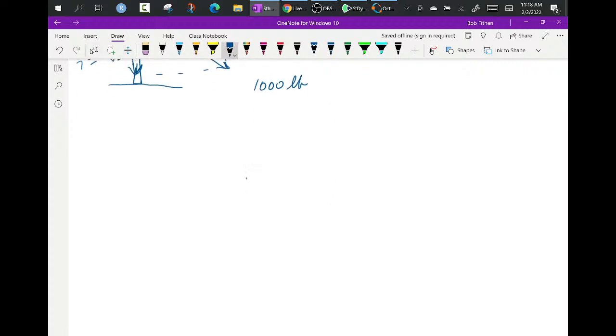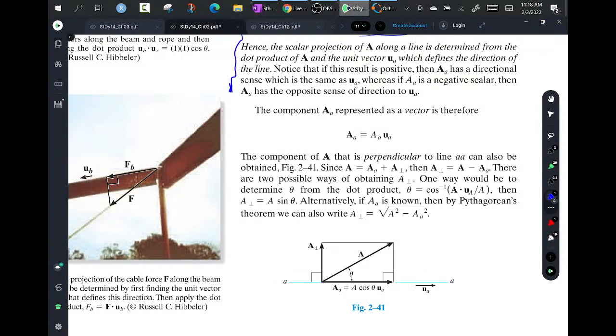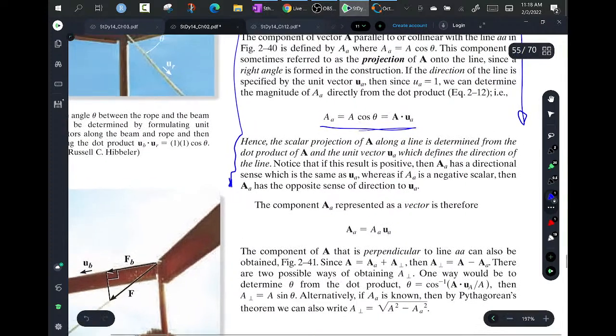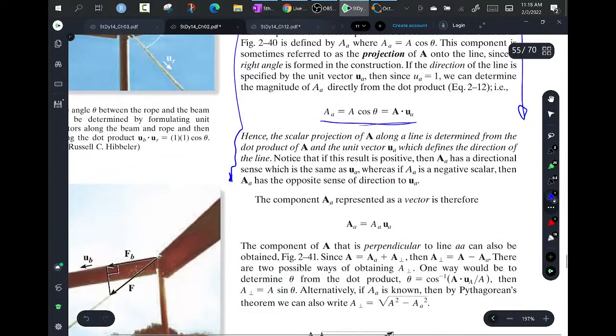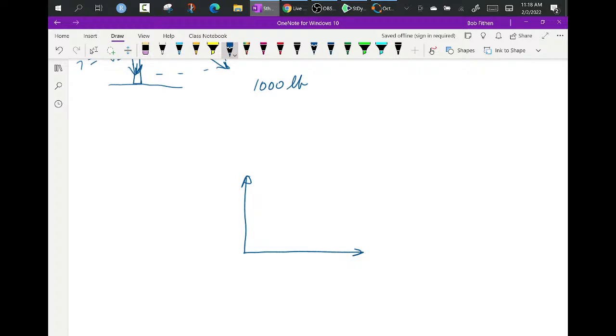Let's go look at a particular case. He doesn't really have one per se, but let's say you had a vector.